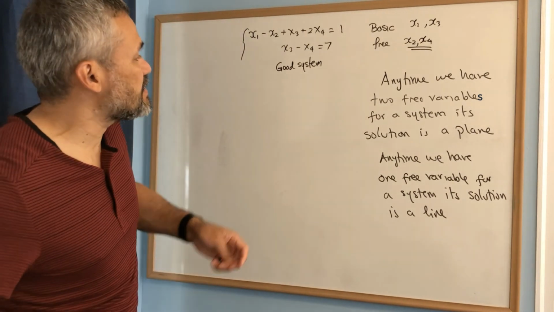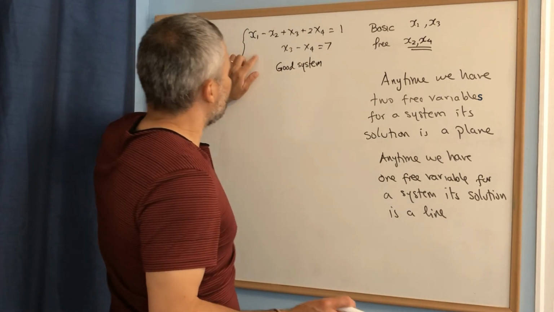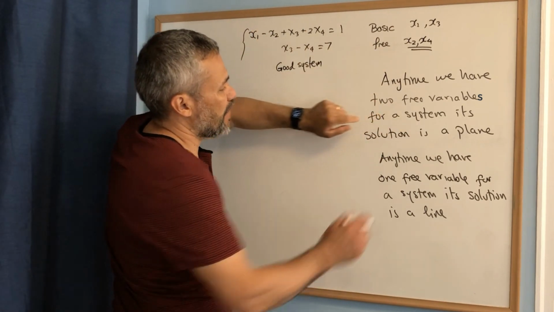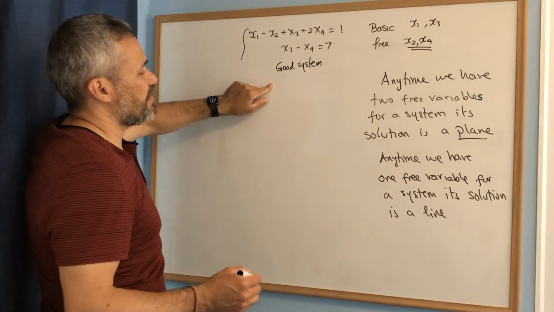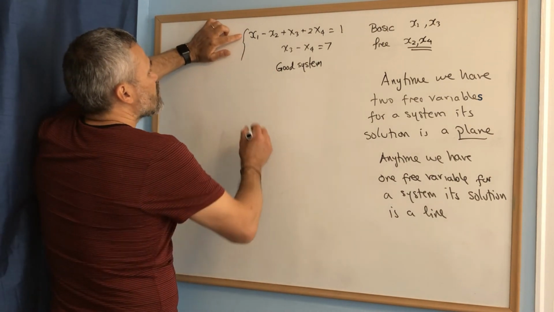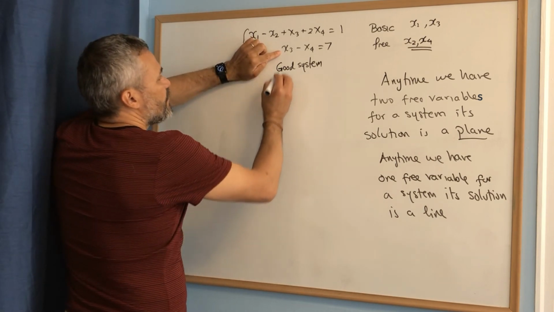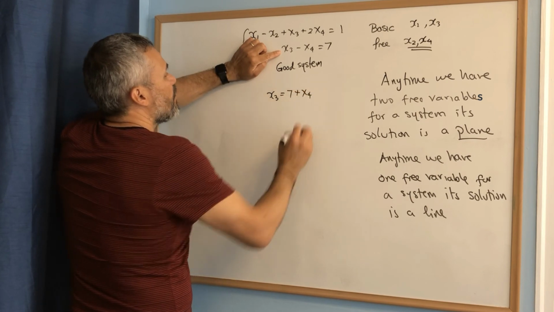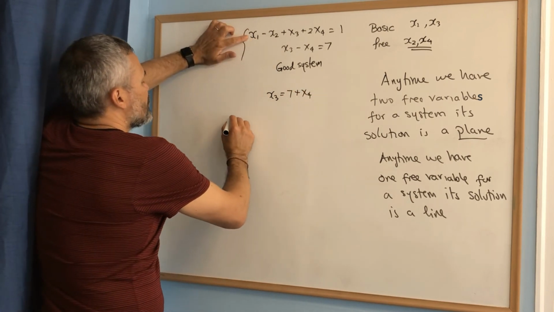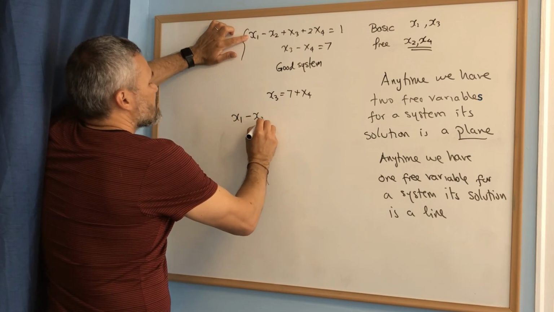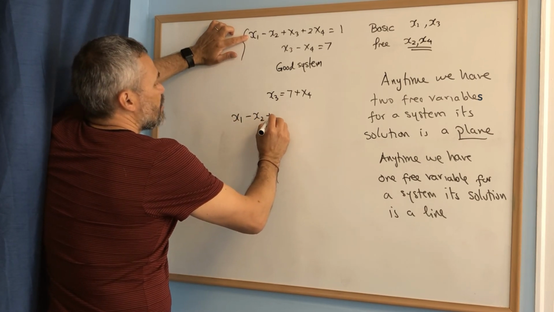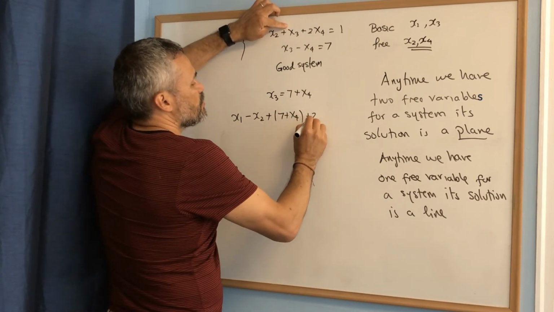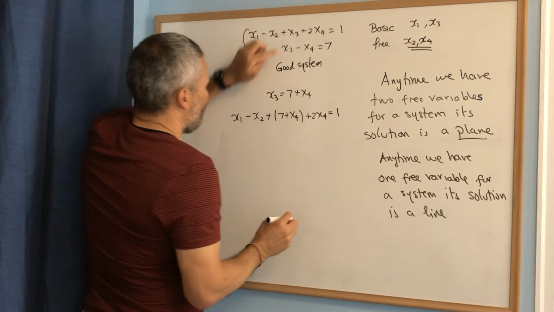In this case, let's see what are the generator vectors and a point in the plane. We have two free variables, that means that we have a plane, but let's see what are the generator vectors. We solve for the basic in terms of the free. We start with the last equation, and we have that x3 is 7 plus x4, and then we replace that information into this, and we get x1 minus x2 plus x3, but x3 is 7 plus x4, plus 2x4 equal 1.